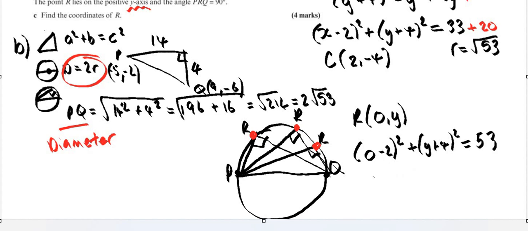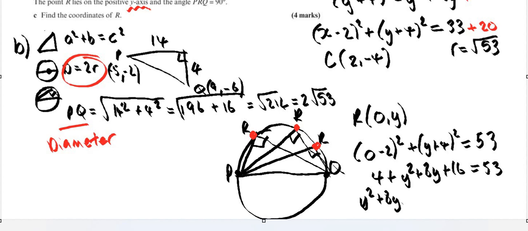Well, minus 2 squared is just 4, plus, expand out this bracket, y squared plus 8y plus 16 equals 53. I'm going to collect this together, make it equal to 0 so that I can solve my equation. So I've got y squared plus 8y minus 33 equals 0.